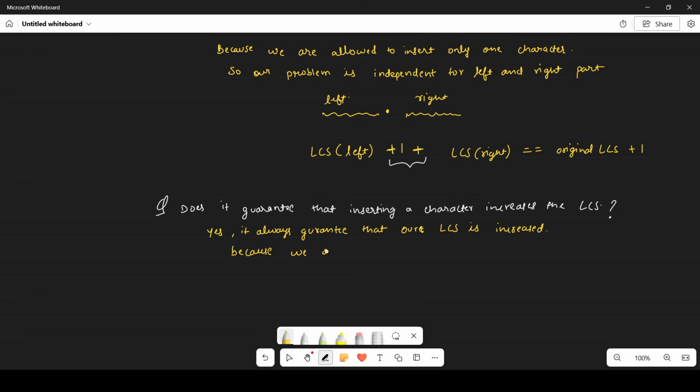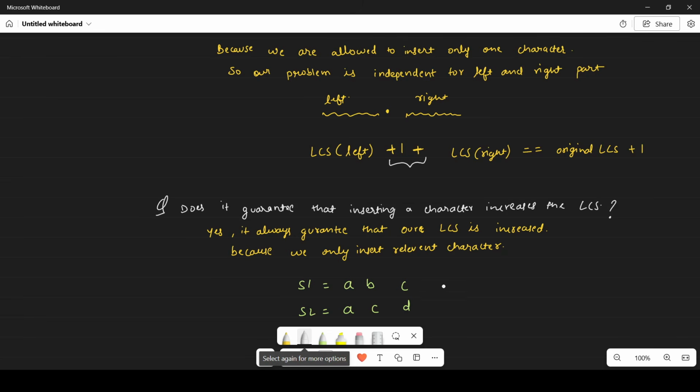we only insert relevant characters, not a random character. We only insert a relevant character. Let's say the string given to you is A, B, C, and the other string is A, C, D, and let's say this is the string S1 and this is the string S2.